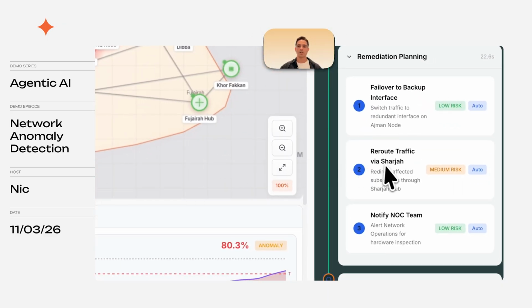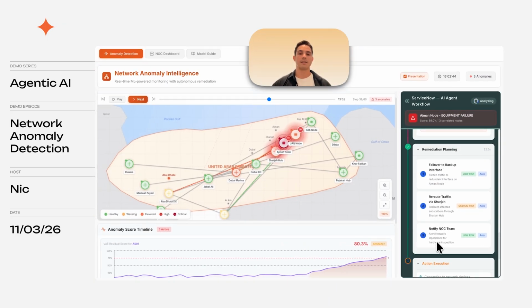Sort of walking through the last two steps. What it then does is it puts together a plan of how to remediate this. Now, you can imagine this is happening in real time. So imagine you're a network engineer, this happens at 2 a.m. You need to look across 6-7 different systems. AI is basically doing this, and it's scanning across all of these different systems, and now what it's done is it's correlated, it's pinpointed, it's told you exactly which node is down, why it's down, what the symptoms are, what the fault is, it's classified the fault, and now it's going to put a plan together for you, and it's going to say, okay, we need to do 3 things immediately.